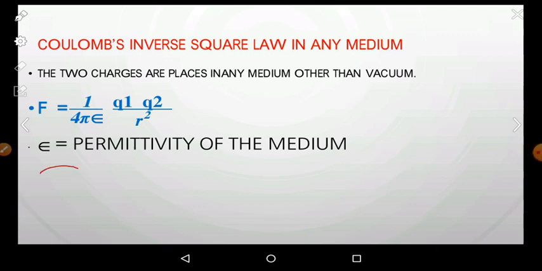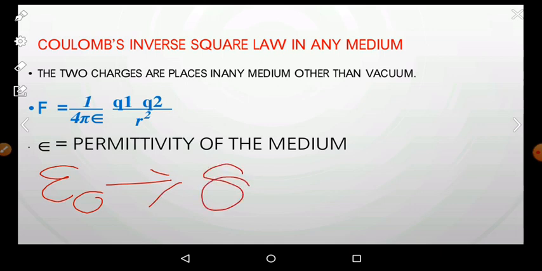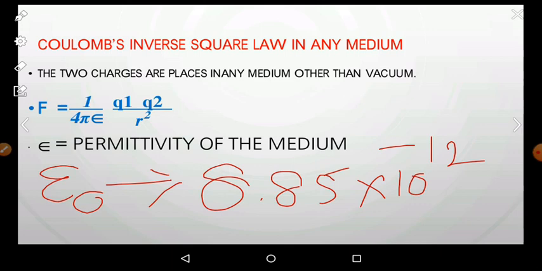Then coming to the value of the permittivity of free space or vacuum, epsilon naught. This permittivity has the value 8.85 multiplied by 10 to the power of minus 12. This is the value of the permittivity of free space, and the units are coulomb square per newton meter square.